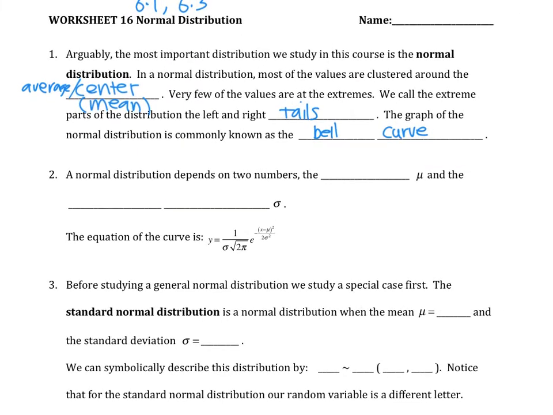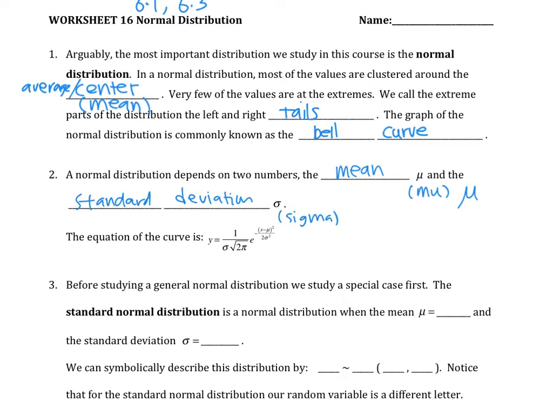Let's go back to number 2. Normal distribution depends on 2 numbers. The mean, symbolically, is mu, and we'll write it like this. It kind of looks like a u to me. And the standard deviation, this letter is called sigma.